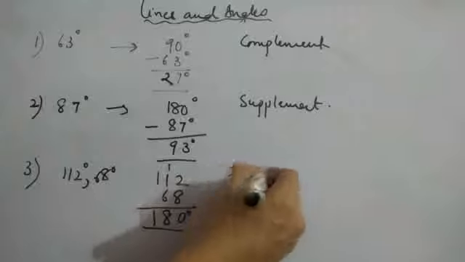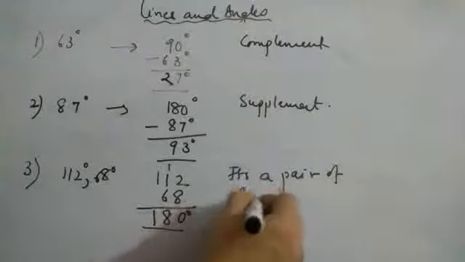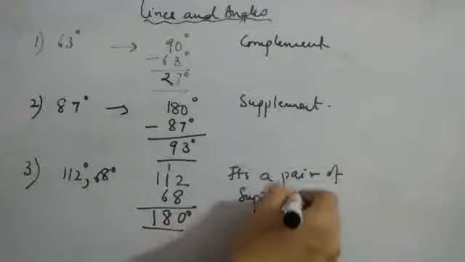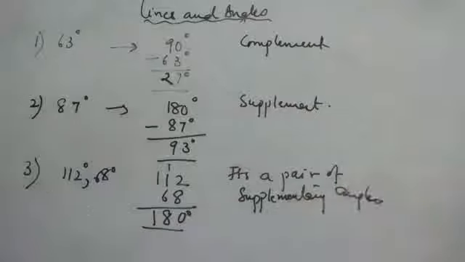So it's a pair of supplementary angles. If the sum comes out to be 90 degrees, then we'll write it's a pair of complementary angles.